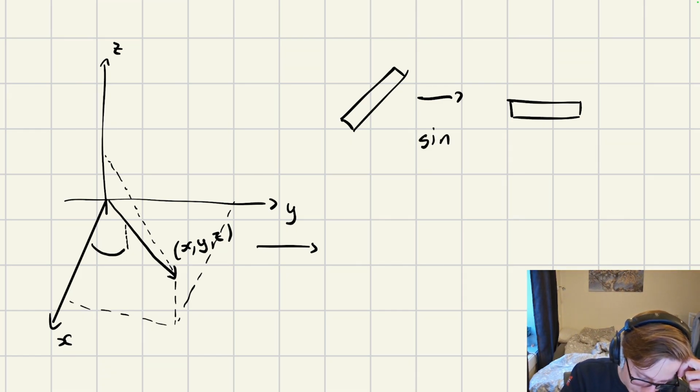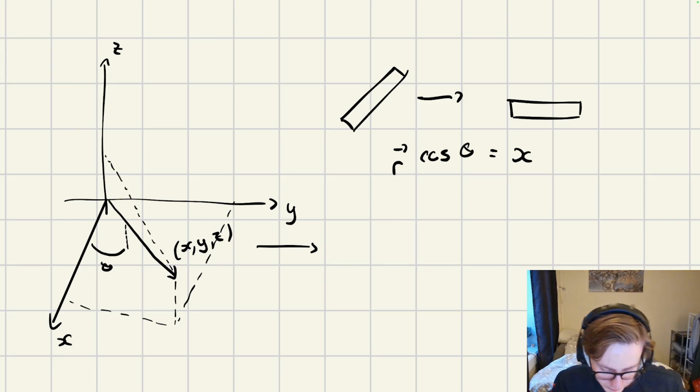This will be sine theta of our vector. I'll call this maybe r. Nope, this would be our y value. There we go. Okay.